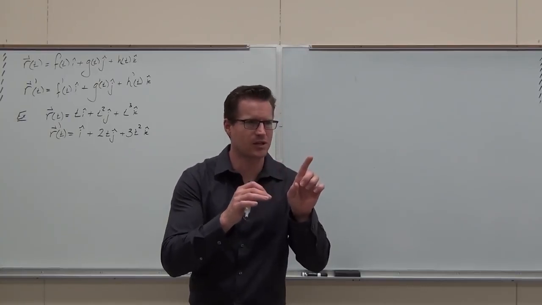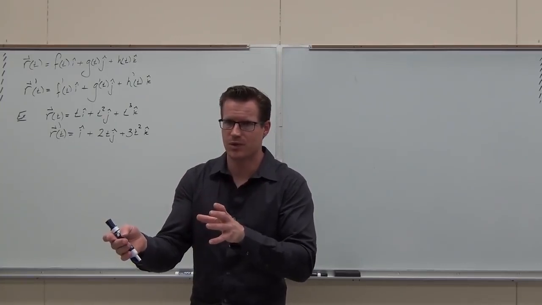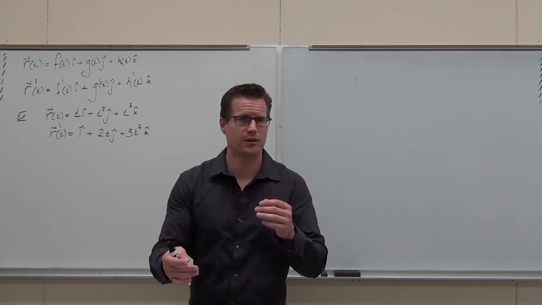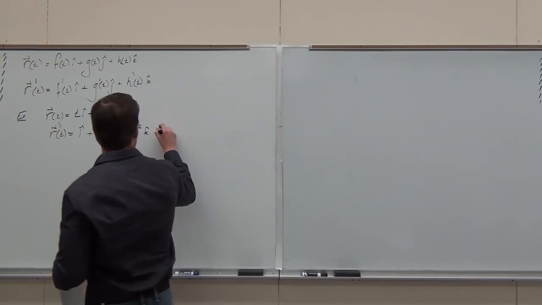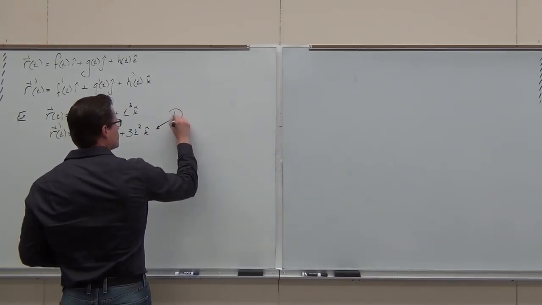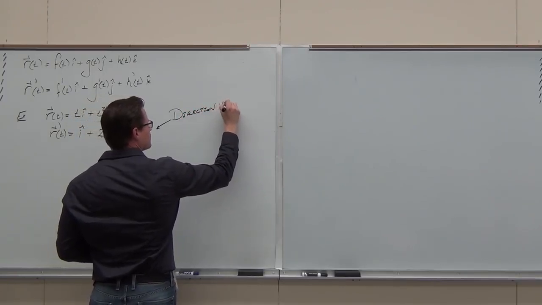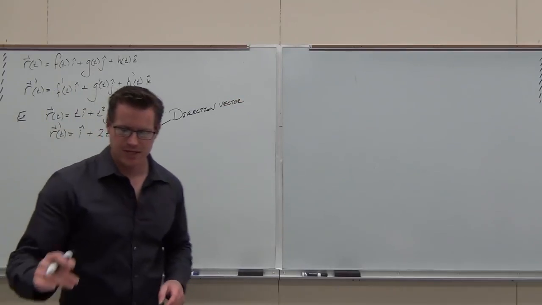Remember how tangent lines have direction vectors. Do you understand what I'm talking about? We are literally finding the direction vector for the tangent line to a curve at a point. That's what this is. Direction vector of tangent line.